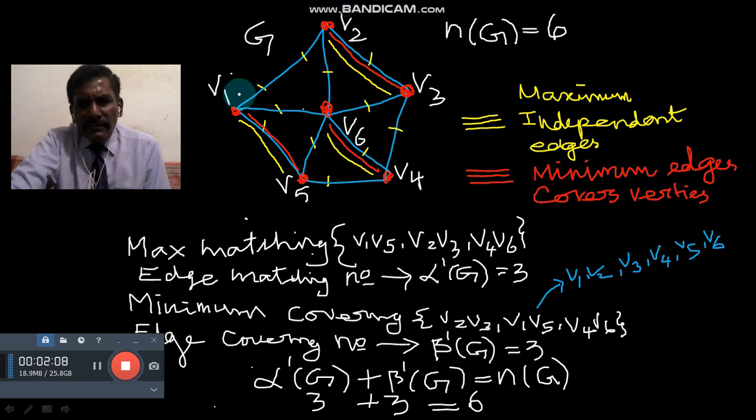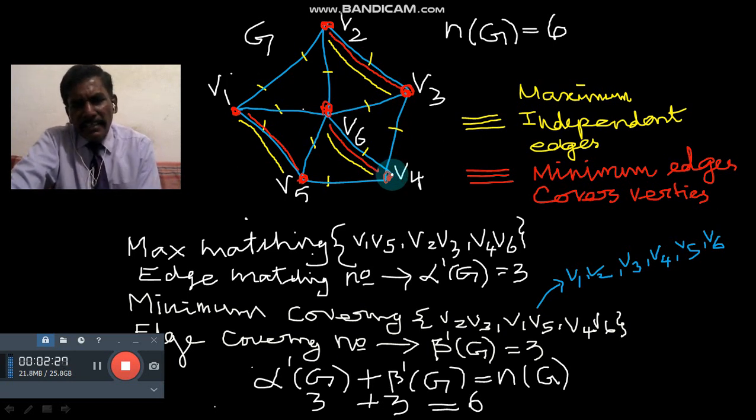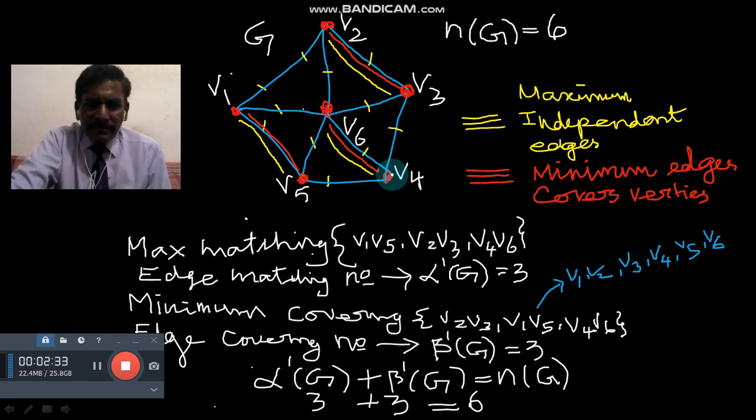Now look at this. v1 v2 and v2 v3 are adjacent to one another. Similarly, v1 v2 and v2 v6 are adjacent, and v6 v3 and v3 v4 are adjacent to one another. They should not be adjacent. Such edges are called independent edges. Take for example in the picture, v1 v5 and v2 v3, they are independent of one another.